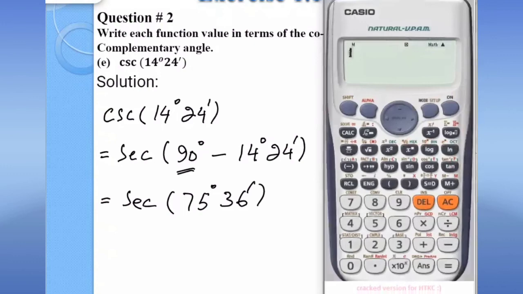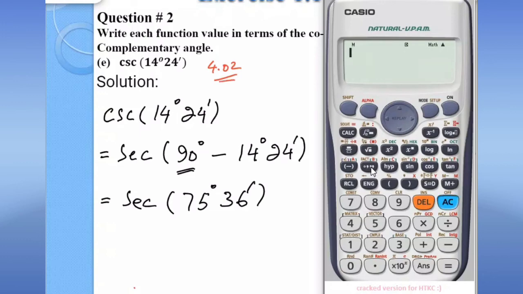So now I would use these sine and cos to check my answer. So here is the calculator. I would write 1 divided by, for cosecant I would use sine of 14 degree 24 minutes, and my answer is 4.02. You can see that. So let me write the answer is 4.02 just for check.